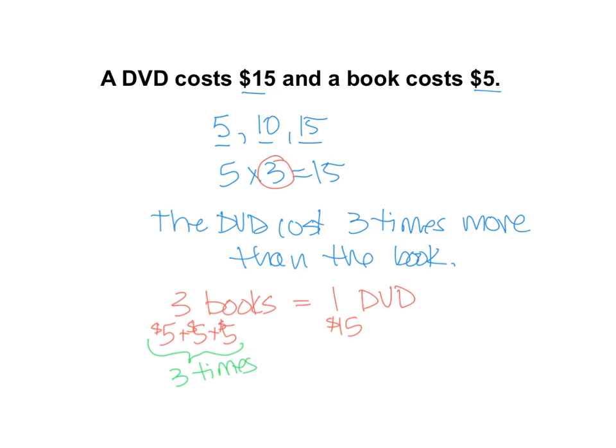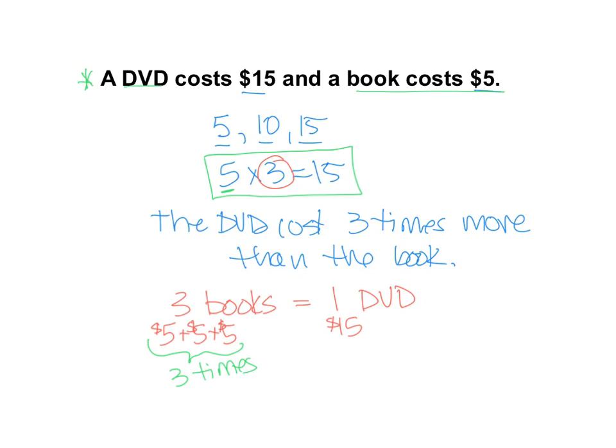So I had already written it down, but if I think of this statement, a DVD costs $15 and a book costs $5, 5 times 3 equals 15 is the equation. Let's think about, what does the 5 represent? So the 5 in this equation represents the cost of the book. What does the 15 represent?